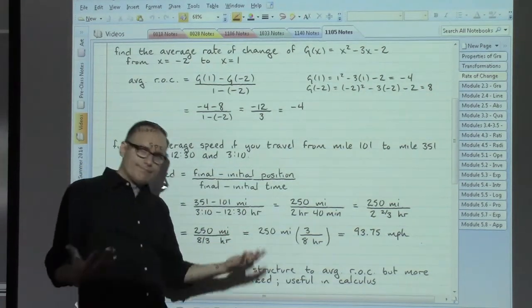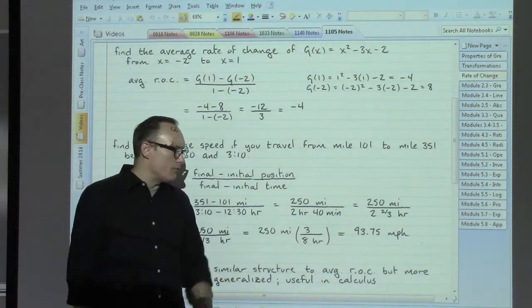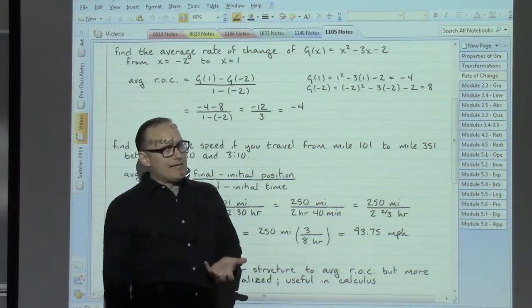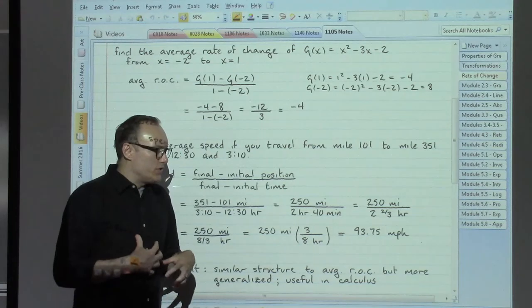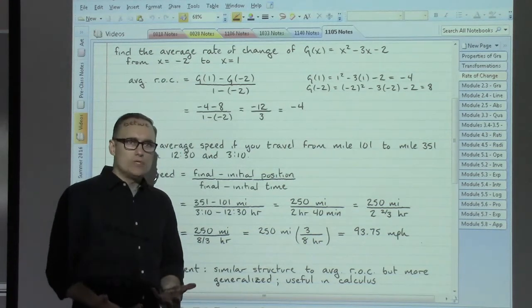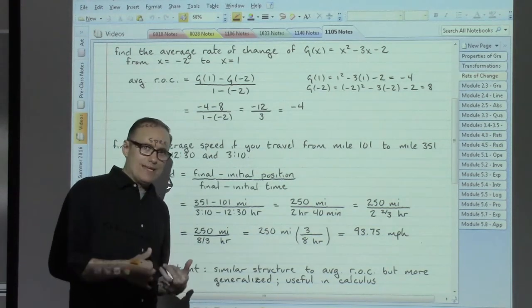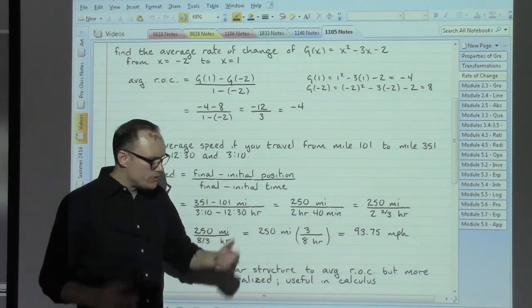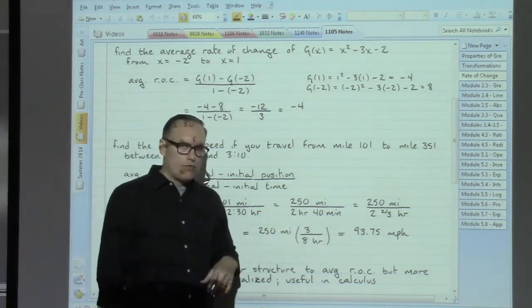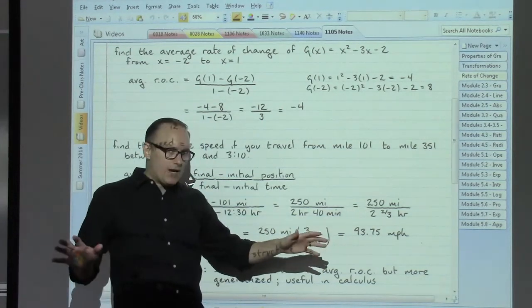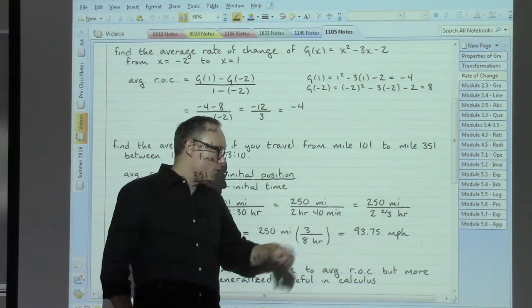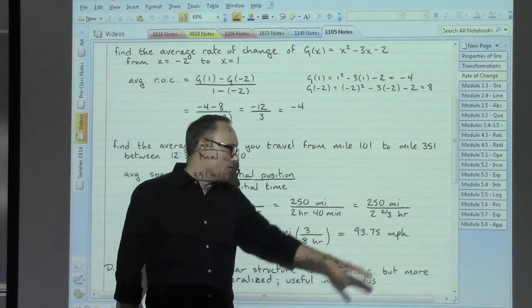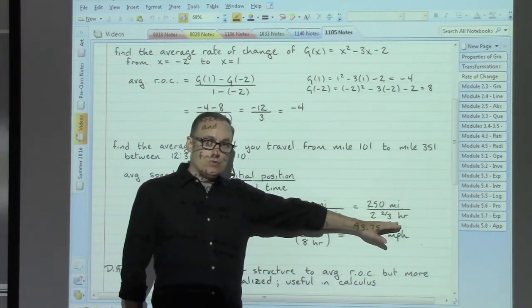The bottom, as far as everyday stuff, 2 hours and 40 minutes, is not really the way we would want to use that value to get the final answer. We're used to speed being miles per hour, so we need to change 2 hours, 40 minutes into purely hours. The 40 minutes needs to be converted into hours. 40 minutes is 2/3 of an hour.